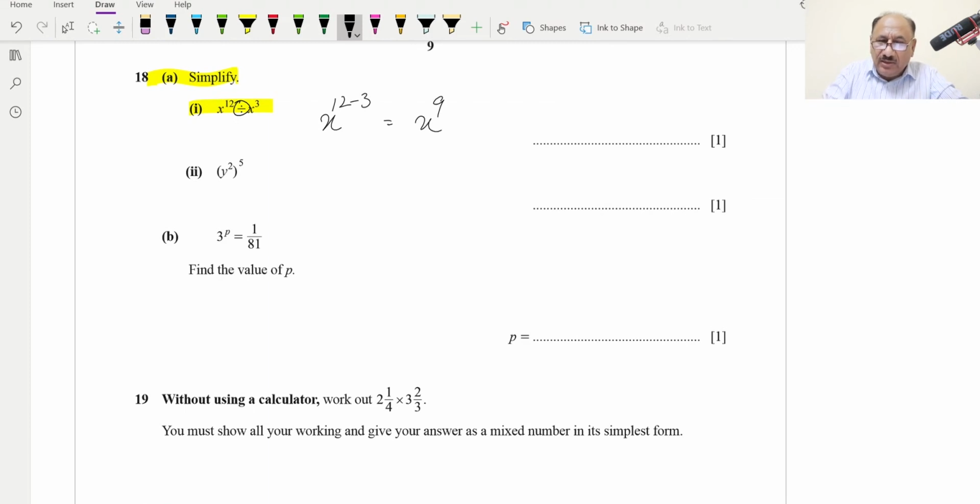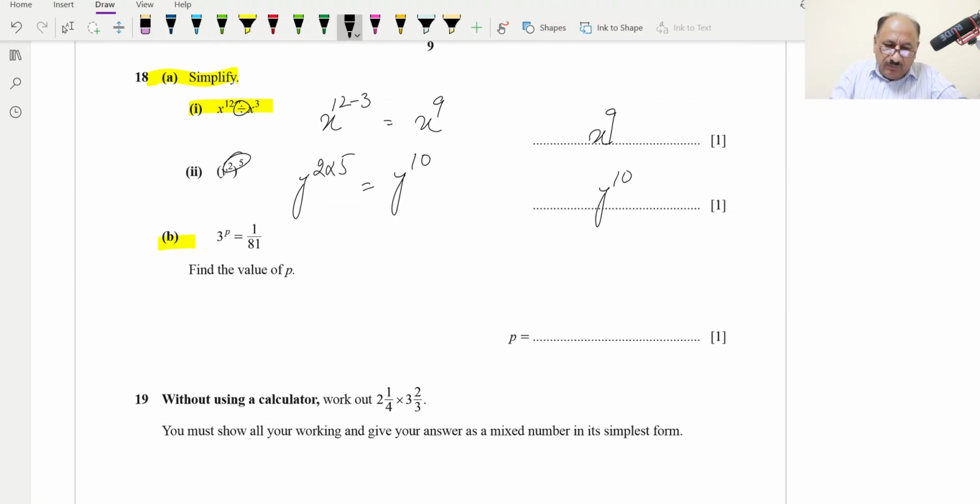So we can write the answer as x raised to power 9, and then these are being multiplied, so the power of the power will be multiplied. So 2 into 5 is y raised to power 10. So we can write y raised to power 10, and similarly we can solve this b part as well.